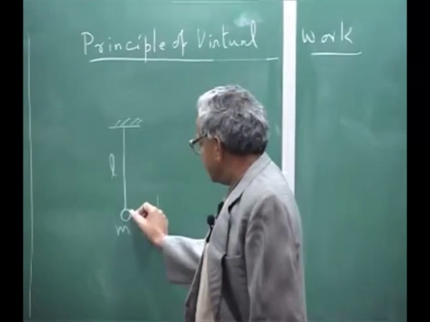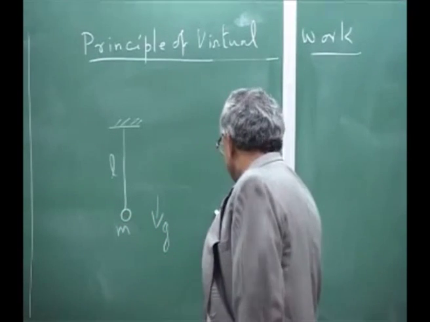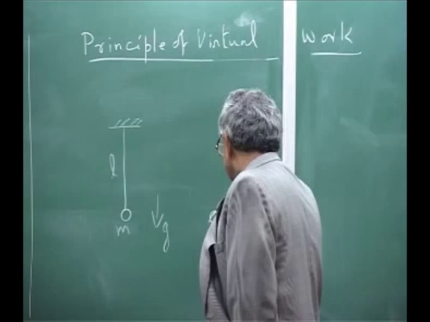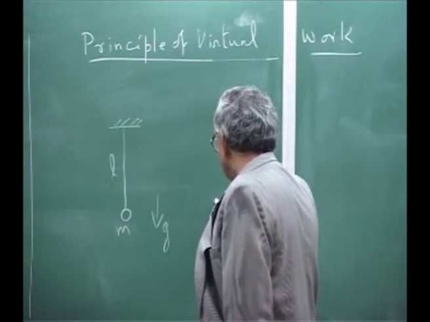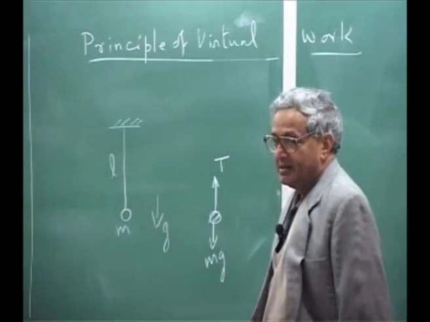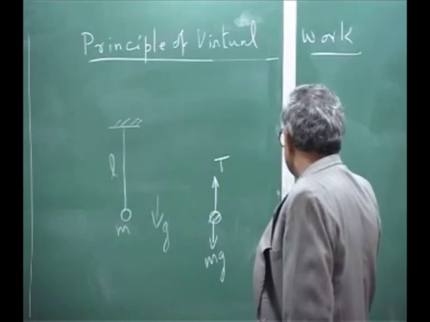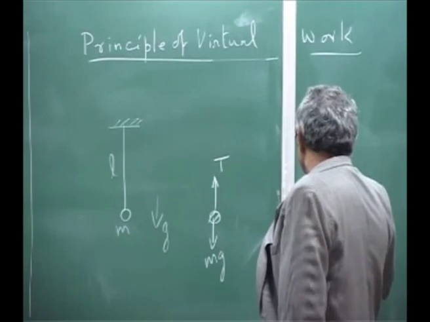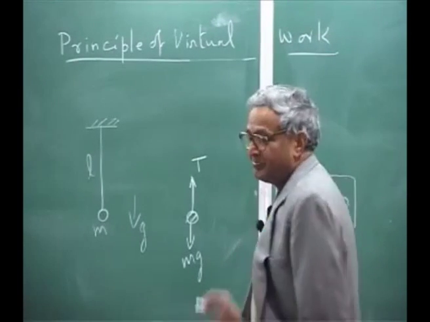That means if you draw the free body diagram of that mass, you will have mg and some tension T. It is in equilibrium, so T minus mg is 0. This is what you write.